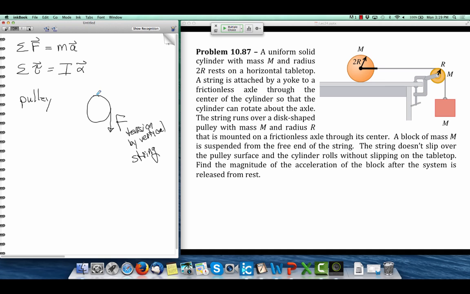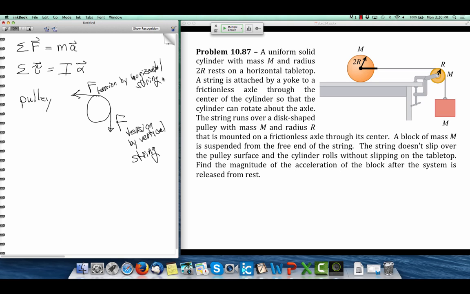The string loops around. It's back here too. Since I called one of them a vertical string, I should call the other one the horizontal string. They're the same string.